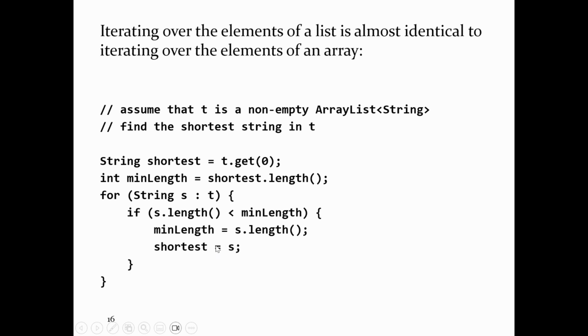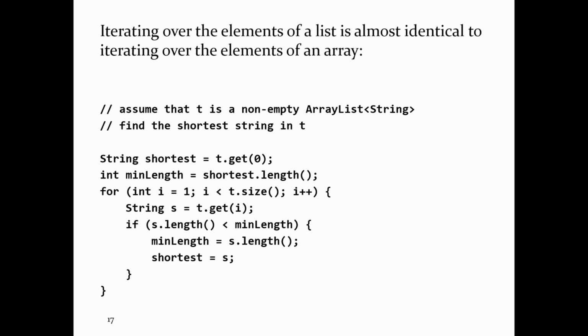You could also use a counting style loop. Remember, a list is an indexed sequence, so using a counting style loop, you could write the same piece of code like this. If you use a counting style loop, you can start at index 1, so you can avoid looking at the first element twice. Of course, the problem with the counting style loop is that now you have to get the element yourself each time.